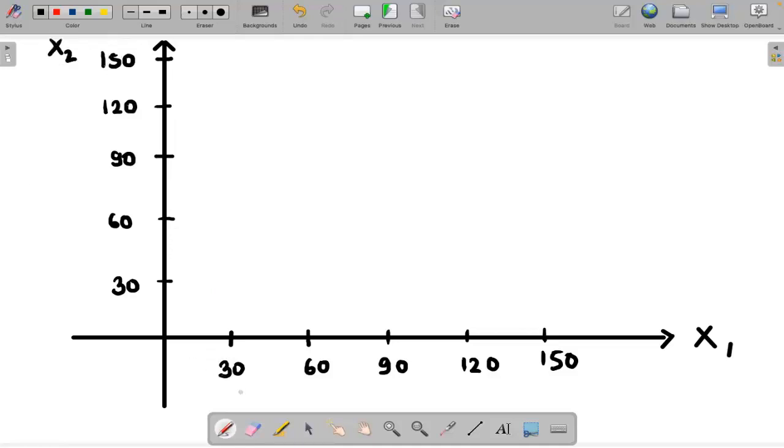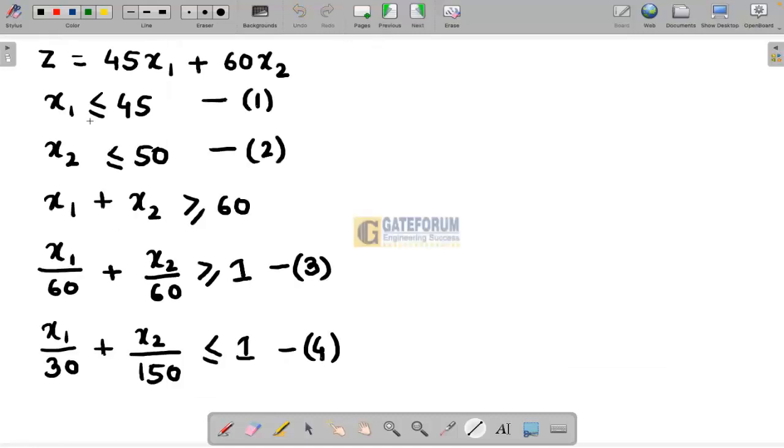So guys, 45 is required. X1 equals 45 means 45 will be here, but the region is like this, because it is less than.